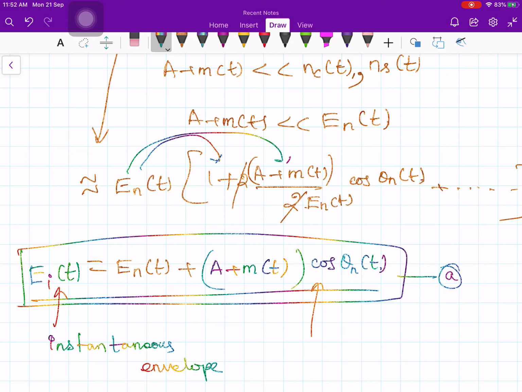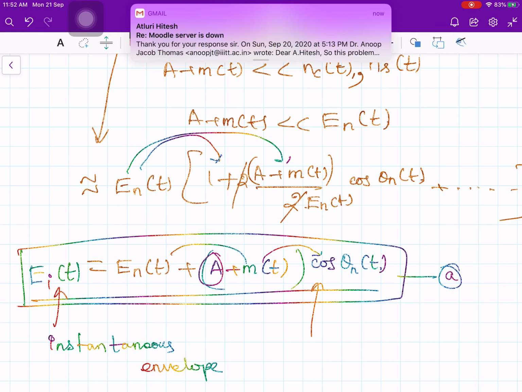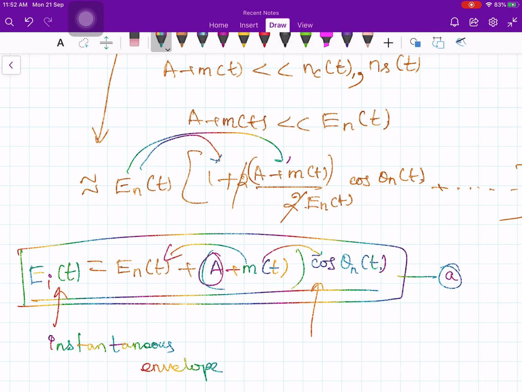The m of t is multiplied by a noise phase. This amplitude is a constant, but again it is added with the noise component. Therefore I don't get a purely message signal. What you get at the output is almost entirely noise, because this is the noise envelope En of t, which is very large in fact. So nothing can be done with this expression.